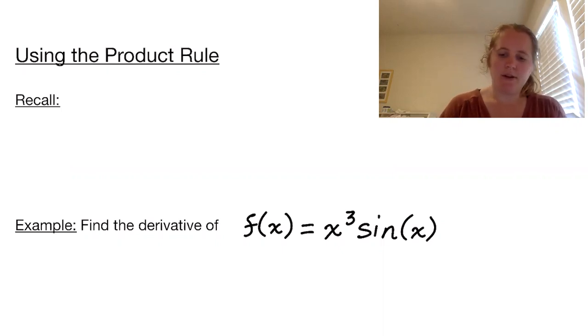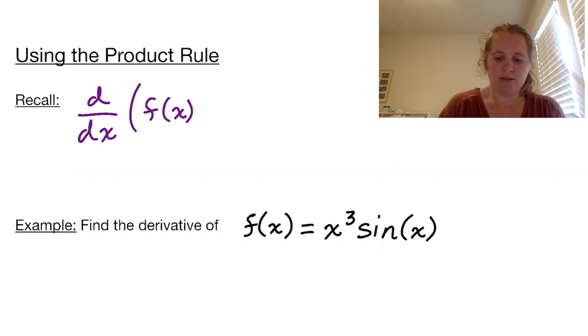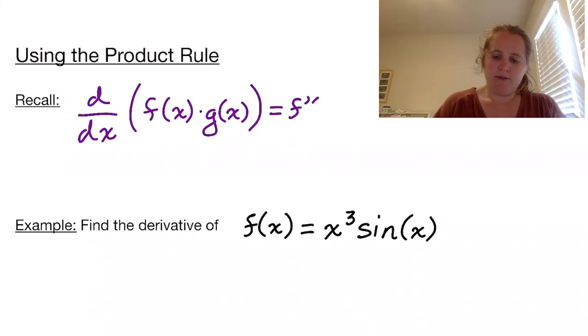So again, recall from our previous video that if we want to take the derivative of a product of two functions, we can take the derivative of the first, multiply it by the second, and then add to that the first times the derivative of the second.